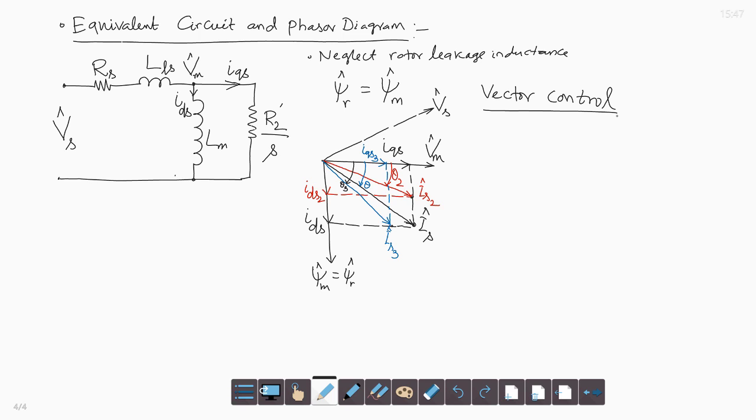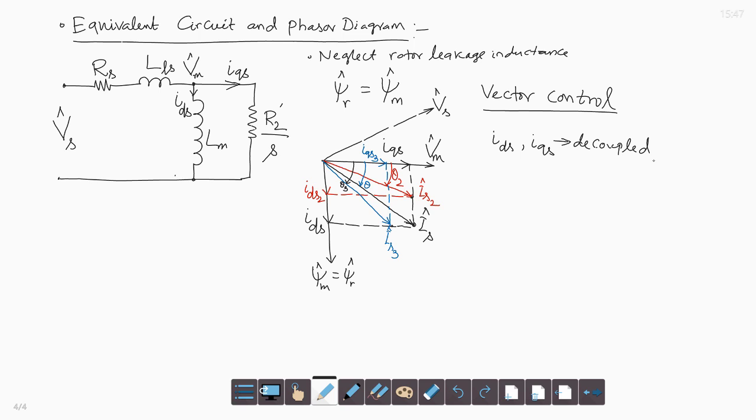And most important, the current has two components, one is the direct axis stator current component IDS, and the quadrature axis stator current component IQS. They are mutually orthogonal and decoupled from each other. So, when one is changed, IDS is changed, IQS remains unaffected. When IQS is changed, IDS remains unaffected, due to which DC machine like fast transient response is obtained to give a high performance drive.